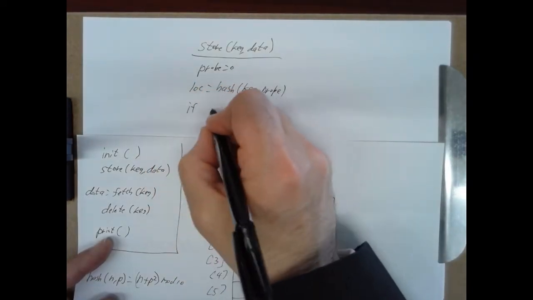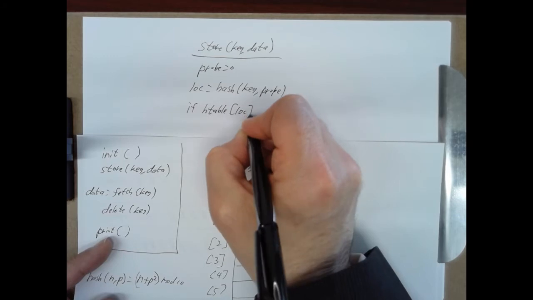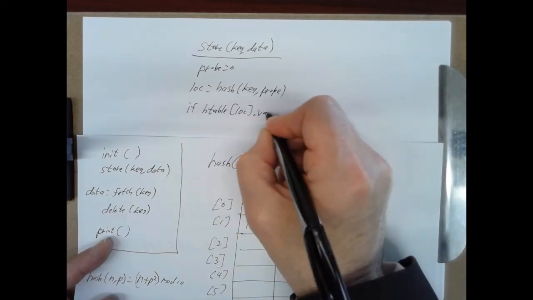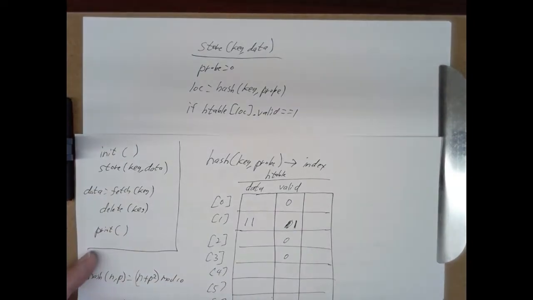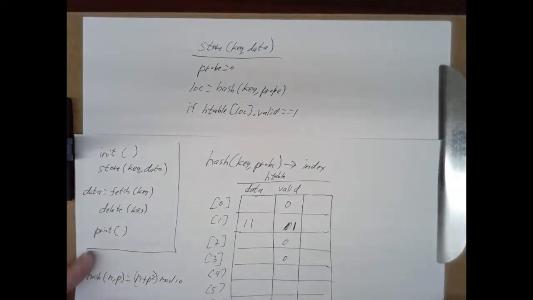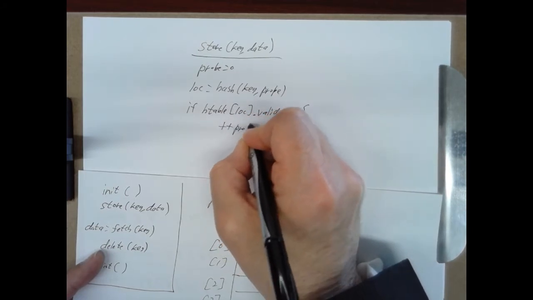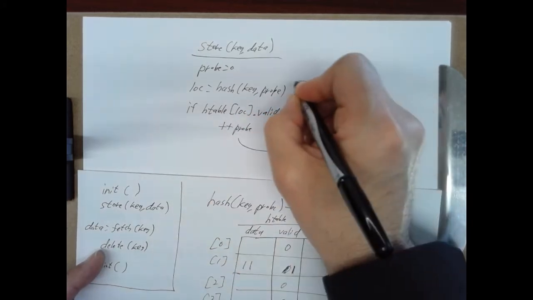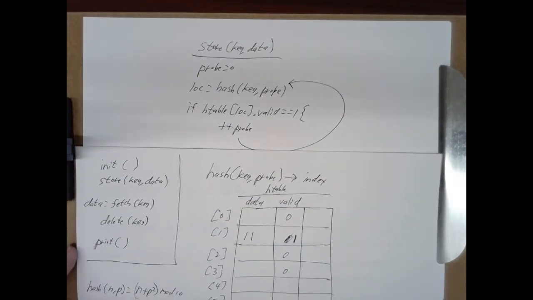So if H table bracket location dot valid is a 1, it means that location is occupied. So increment the probe. Go back up here. So rehash with our second probe value.